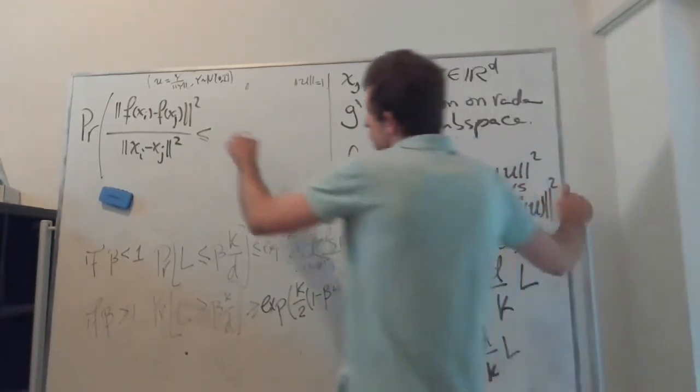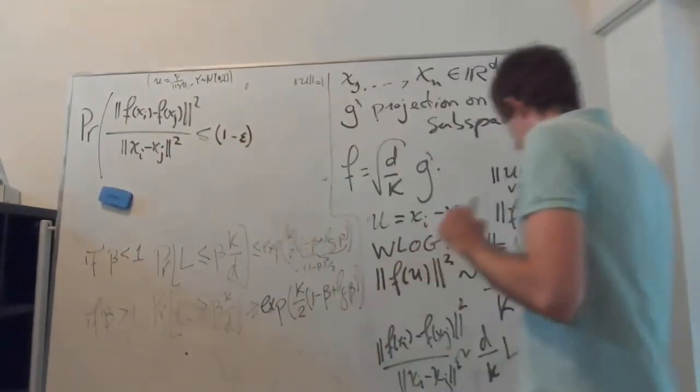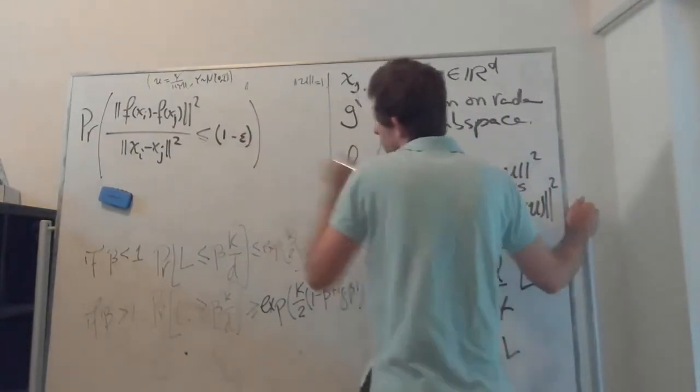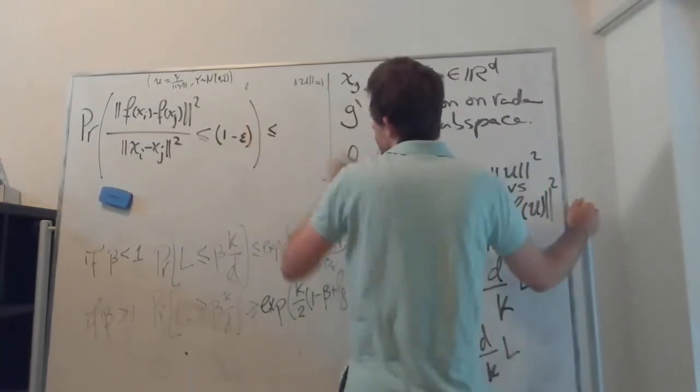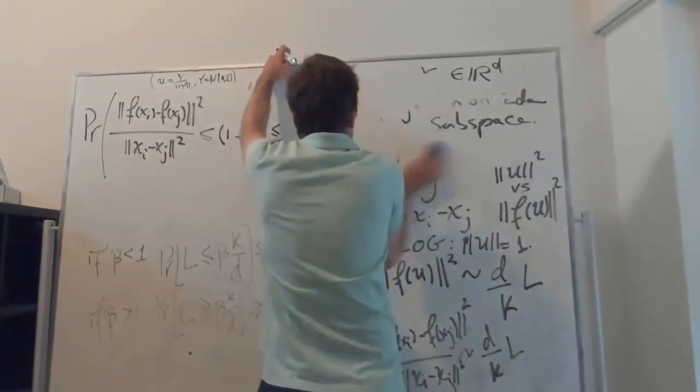And now the probability that this is smaller than 1 minus epsilon is smaller or equal than this quantity. What is this quantity? Okay, I'm going to erase everything and keep going there.